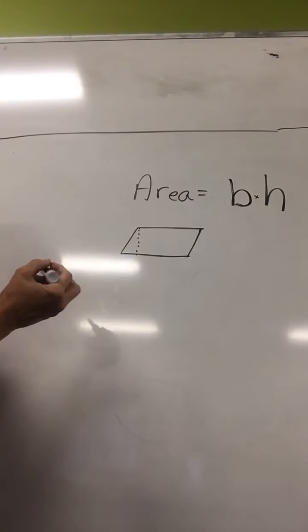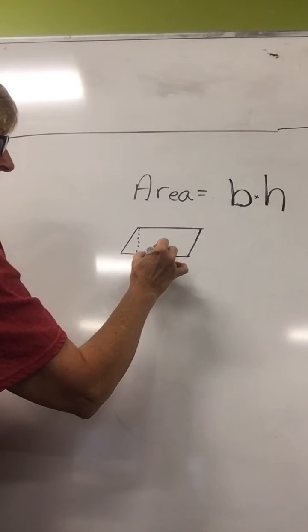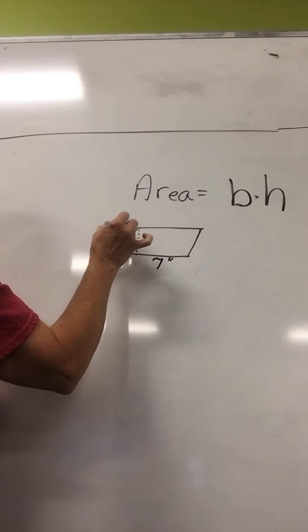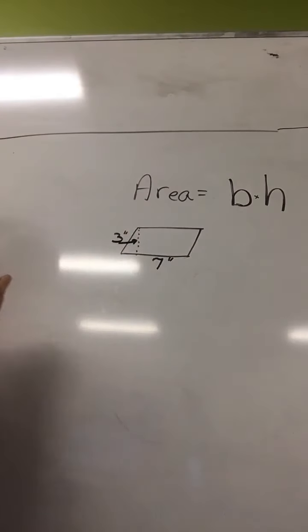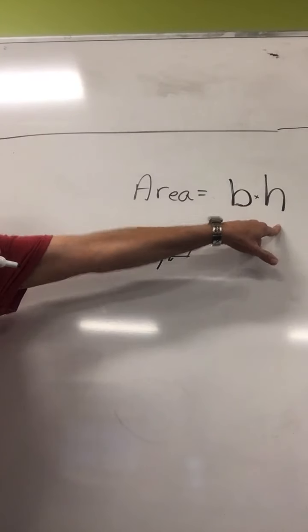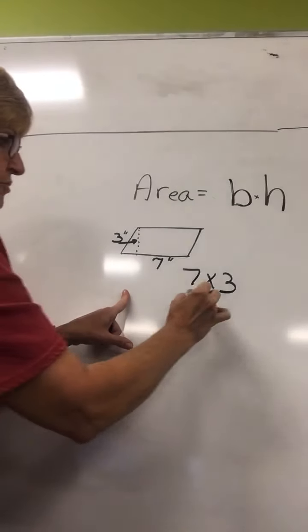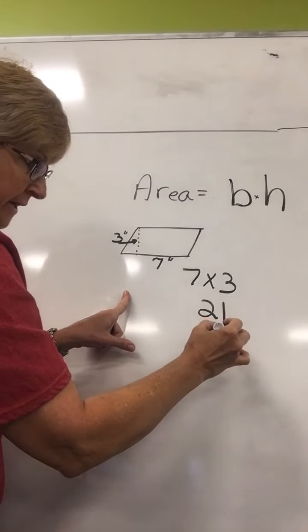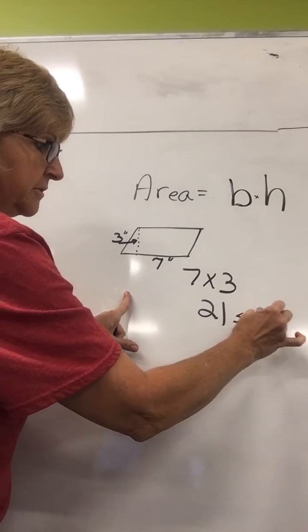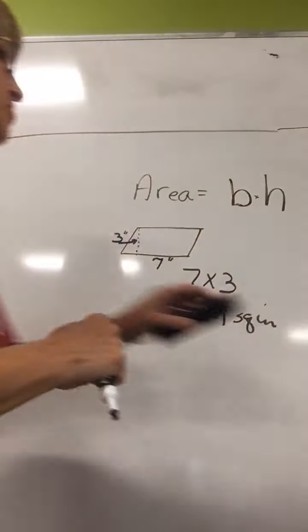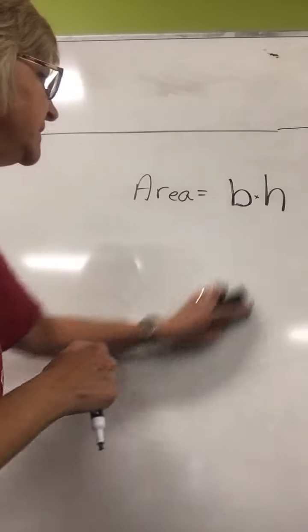If I have, let's just say 7 inches here and I have 3 inches for the height right there, I just do base times height. I just do 7 times 3, which is 21 square inches. Remember, area is always in squares, so we need to put that on our answer.